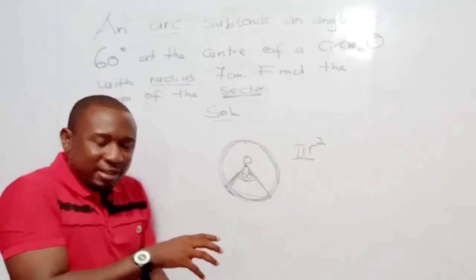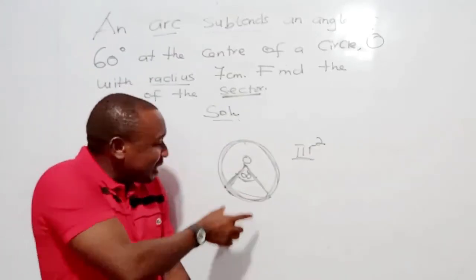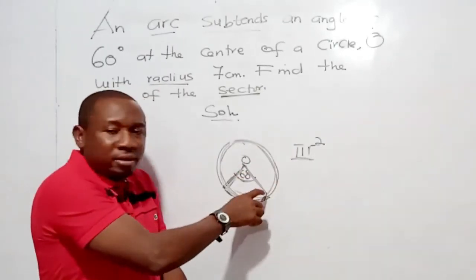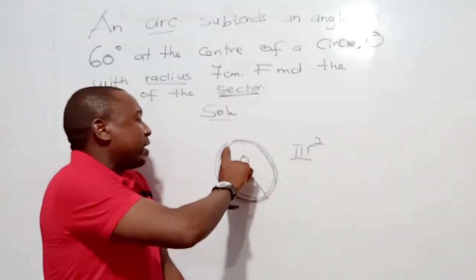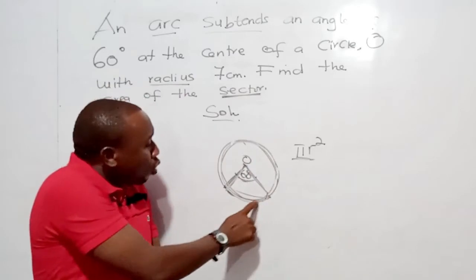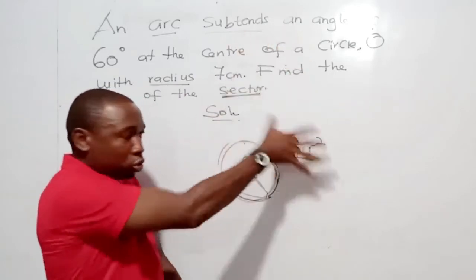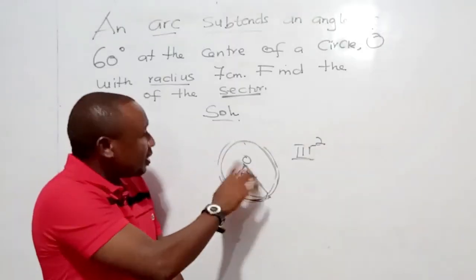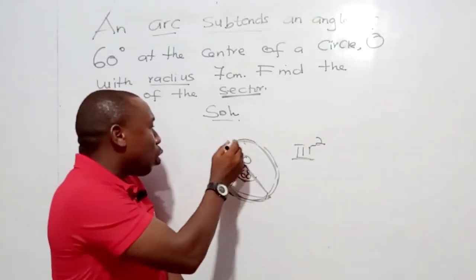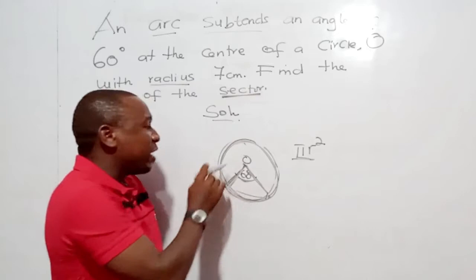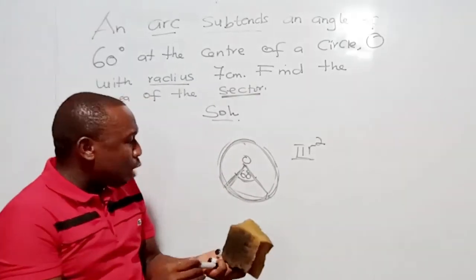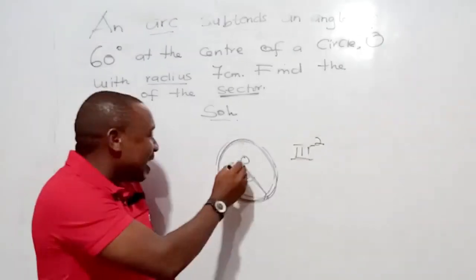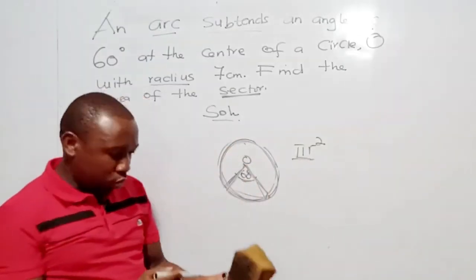In effect, the area that this circle is covering is this whole portion of the board I'm writing on. But now we want to know the area that this sector here is covering on the board.